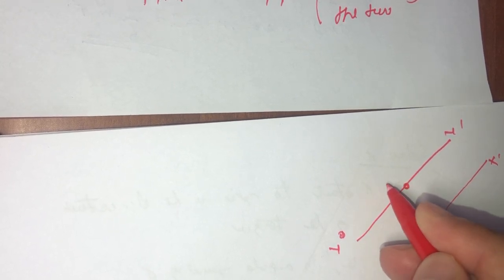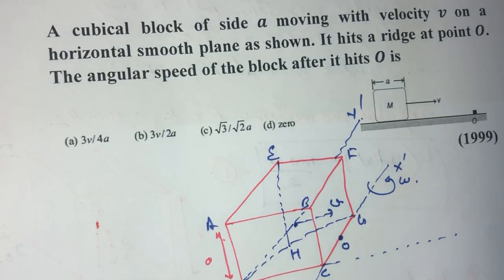So this is our y and y prime, and this we have as x and x prime. This is the center of mass, that is given as O prime, and this is point O, the point of impact, and this is our perpendicular distance. So let me draw this here also.